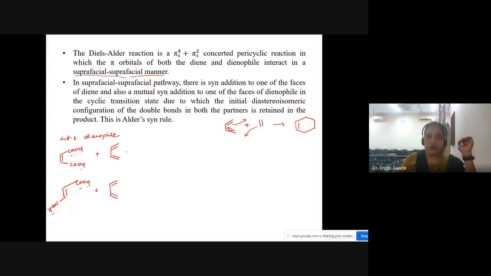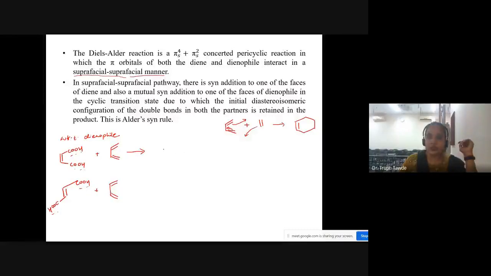And therefore, now in this case, again, as I said, there are different approaches possible, but only one approach is possible, that is the superficial manner. And when we have the superficial pathway, when the reaction takes place, the products are formed syn with respect to the faces of diene and dienophile.